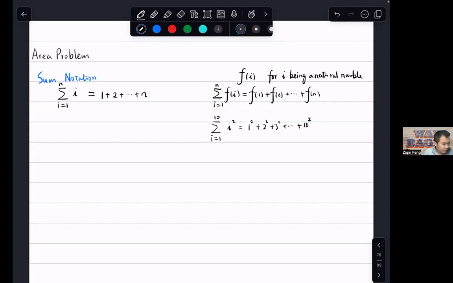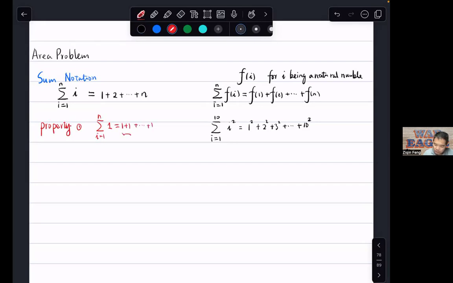And let's see a few examples. Sometimes we want to simplify our sum notation, so first, a few properties. Property 1: if your function is a constant, summation of 1, i from 1 to n, this is basically 1 plus 1 plus all the way to plus 1.